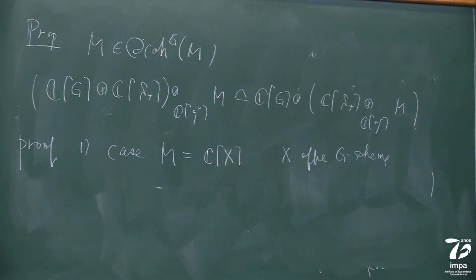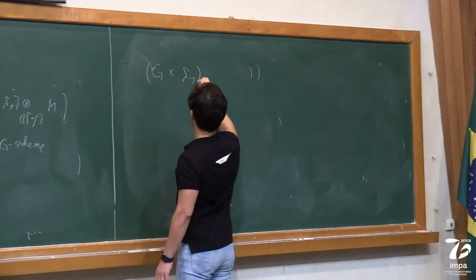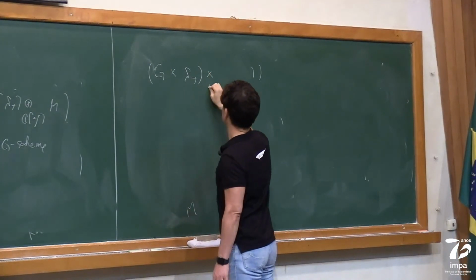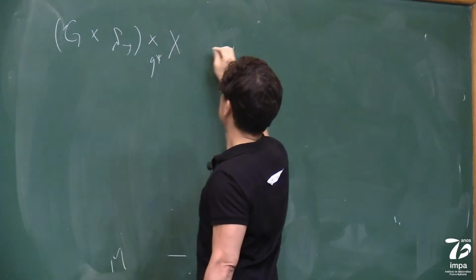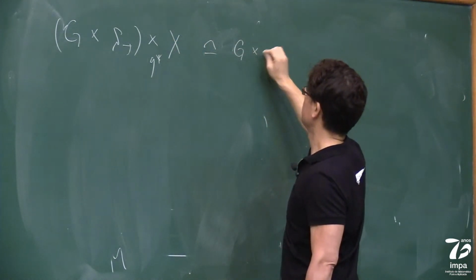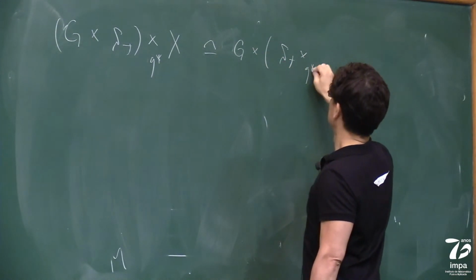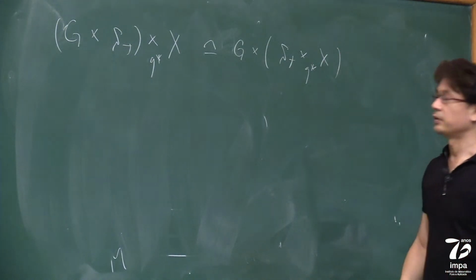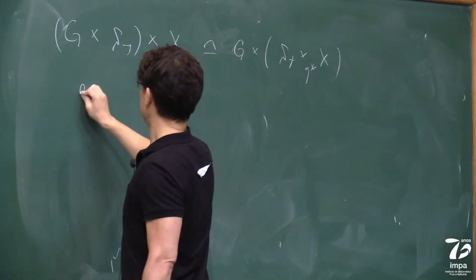In this case, the statement is equivalent to the statement that G times SF fiber product over G star with X is isomorphic to G times the fiber product over G star of SF and X. And this isomorphism is easy to find.